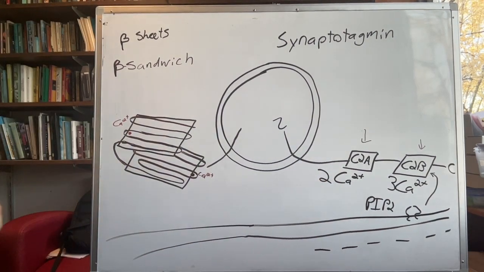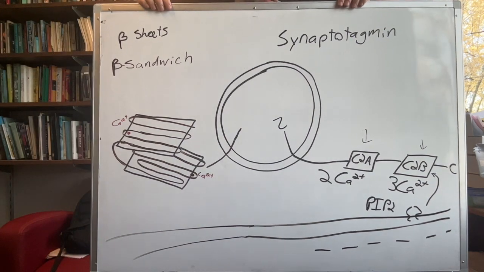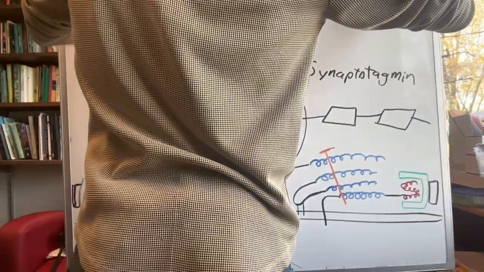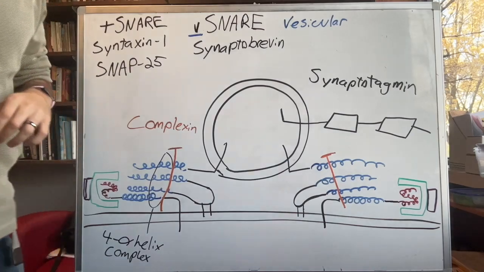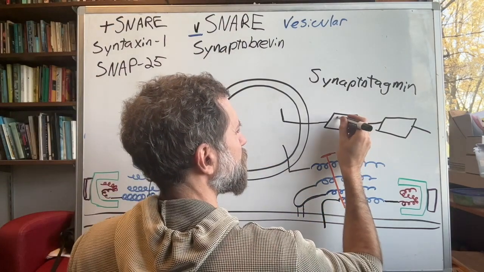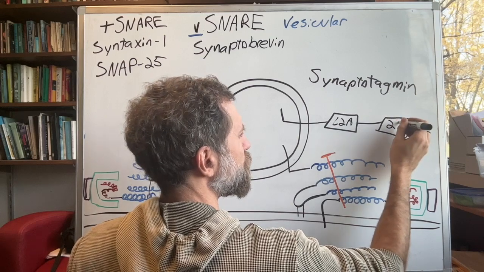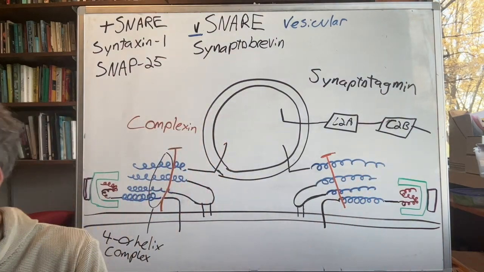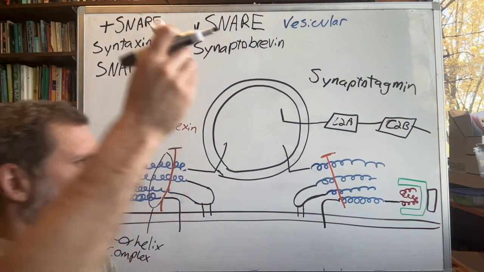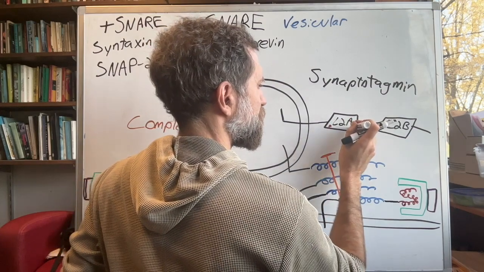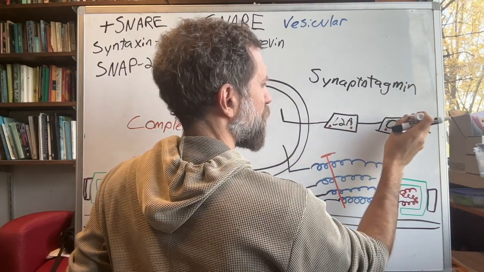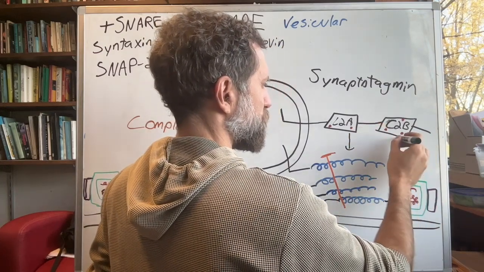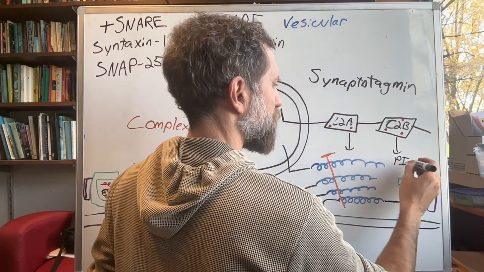And so let me switch back to our larger complex here. C2A, C2B, and with all the calcium around, this is filled up with its calcium ions, which draws it down towards the membrane, C2b is attracted to PIP2, which is in the membrane.